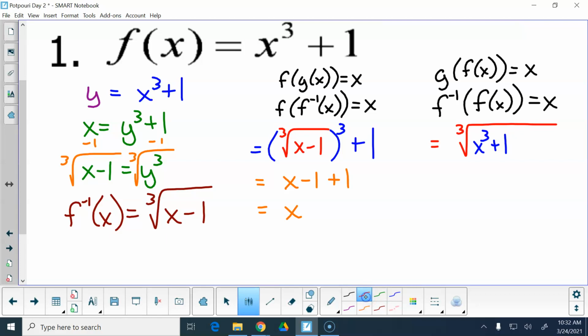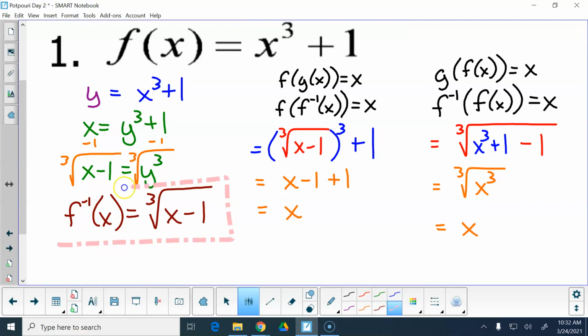And then we had a minus 1 in there also. 1 minus 1 is 0. So this is really just the cube root of x cubed, which is just x. So therefore we verified it. So I can say now with 100% certainty, that is my inverse of my function.